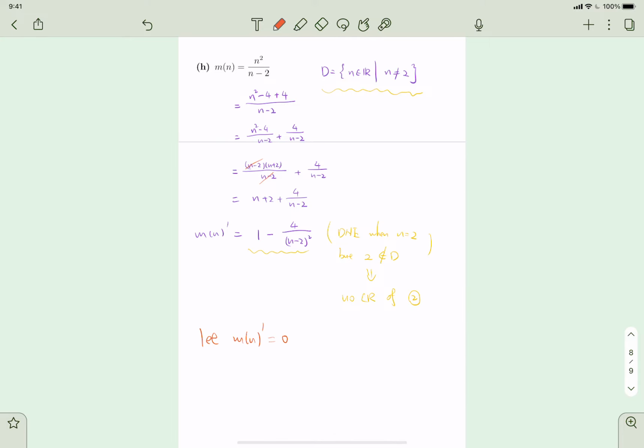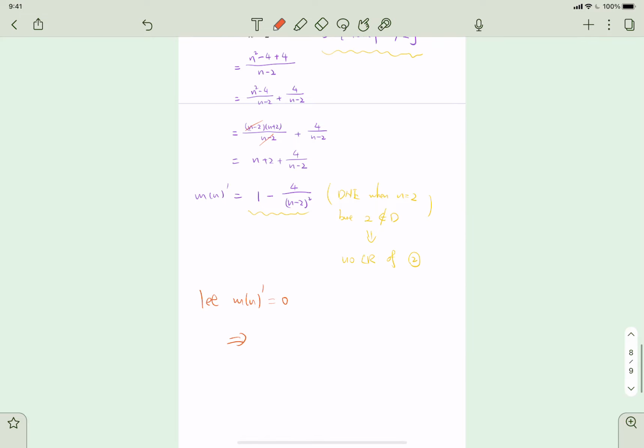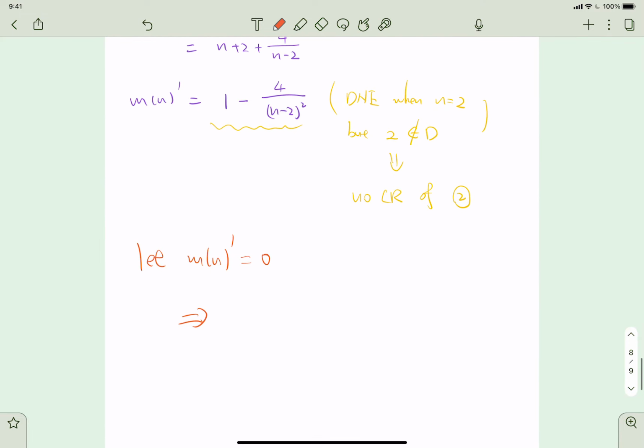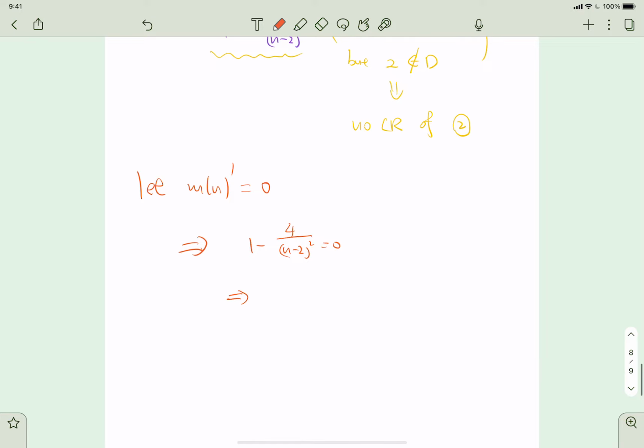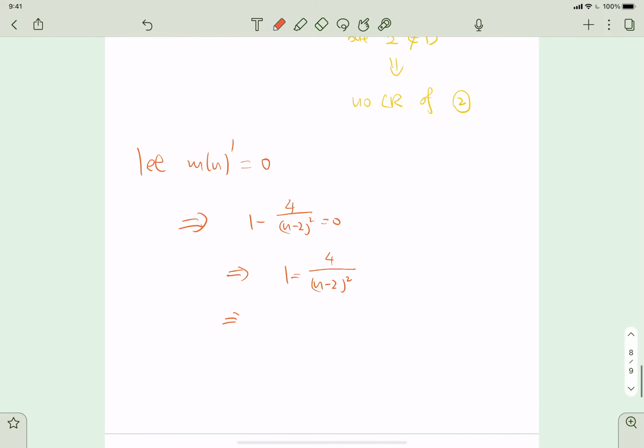Now we have 1 minus this thing equal to 0, which implies that 1 is equal to 4 over n minus 2 squared, right? And that tells us that n minus 2 squared is equal to 4, right?